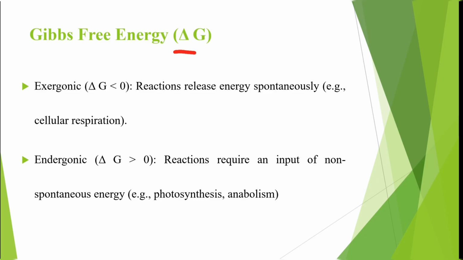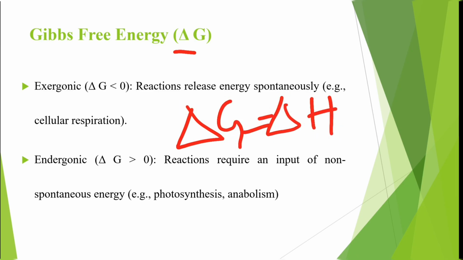The change in free energy shows if a chemical change happens on its own or not. And the formula is delta G equals delta H, or change in heat, minus T, temperature, times delta S, that means change in disorder or entropy.